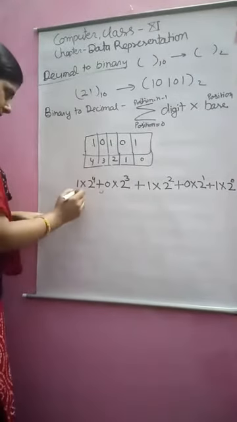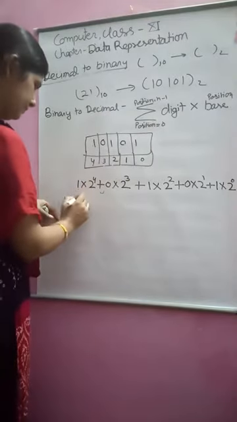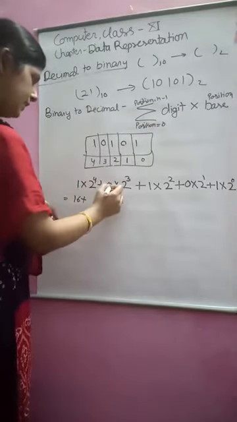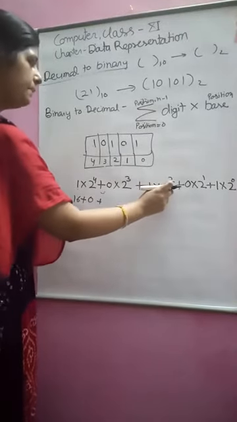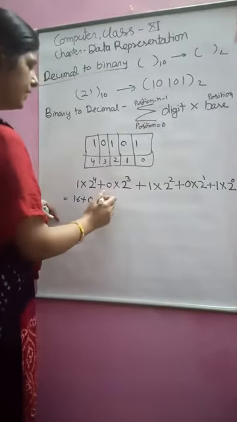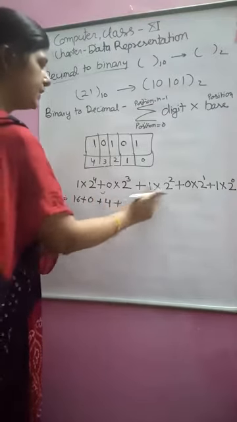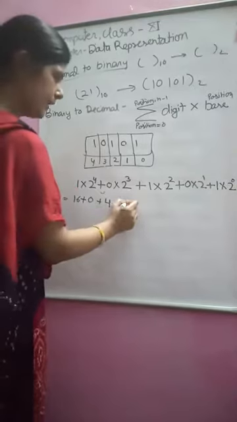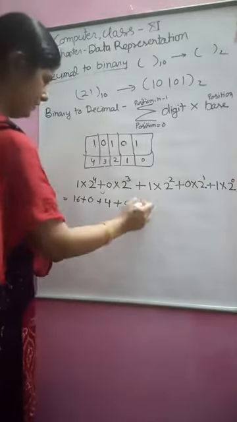Now calculate. 1 into 2 to the power 4 is 16, plus 0 multiplied by anything is 0, plus 1 multiplied by 2 to the power 2, that is 4, plus 0 multiplied by anything is 0, plus 1 multiplied by 1 is 1.